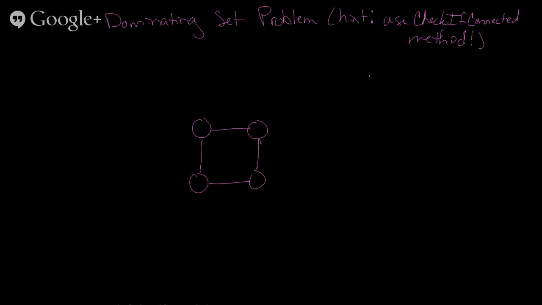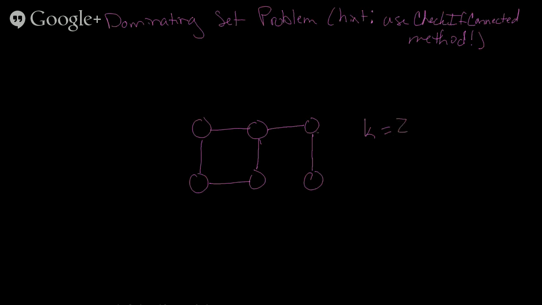And some number k, and I want to differentiate this from the independent set problem. So I'm going to draw some extra things out here, etc. And some number k, and let's say our k equals, I'm just going to pick a random number. I'm going to pick one that I know will work, and I'll pick one that I know will not work. So our first one is going to be k equals 2.